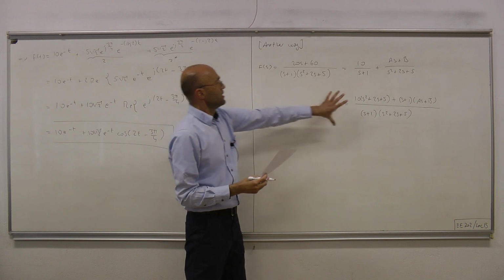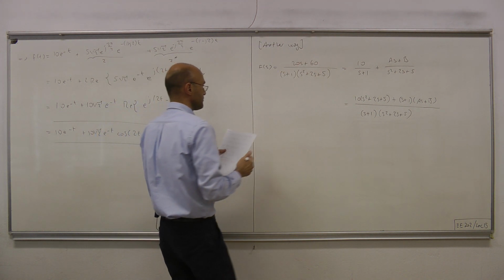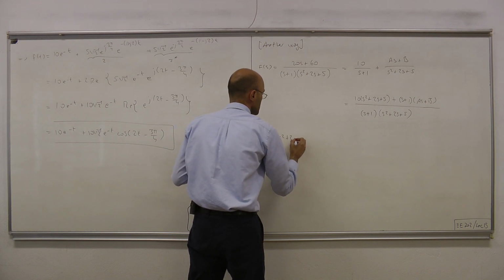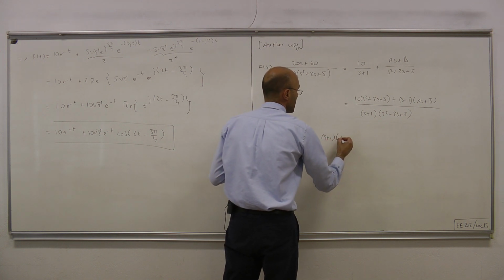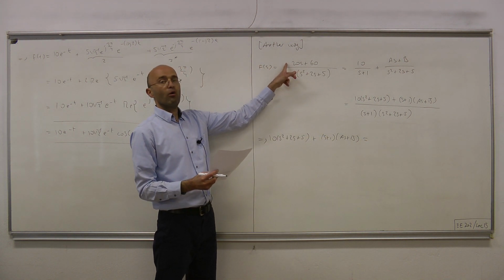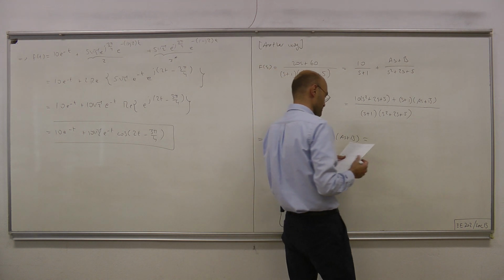And this equals F(s) clearly, hence 10(s squared + 2s + 5) plus (s + 1)(as + b) must equal the numerator polynomial of F(s), which is 20s plus 60.